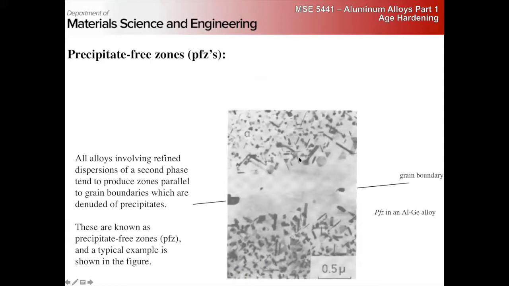If the orientation relationship exists, why do I have particles that appear to be facing different directions in the micrograph? If I define an orientation relationship and say this plane is always next to this plane and this direction is parallel to this direction, how do I have precipitates, if this is a single grain, that are facing different directions?